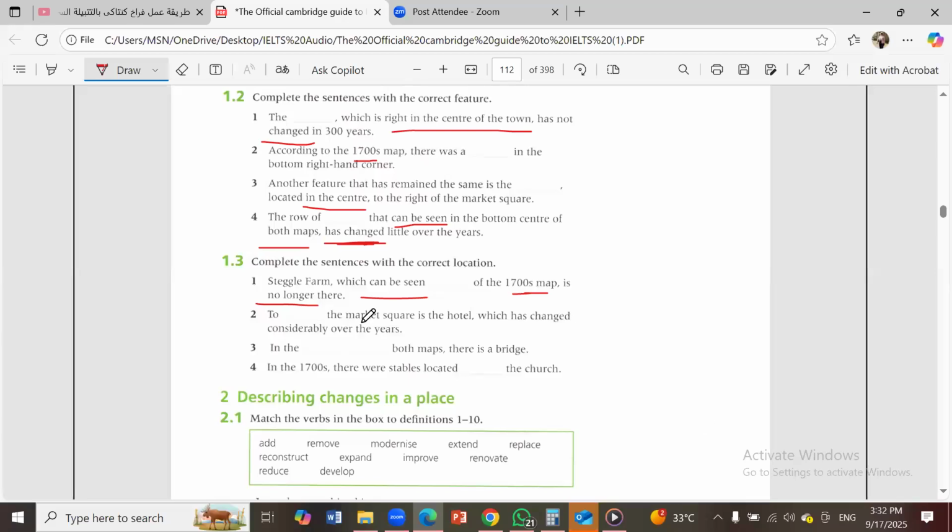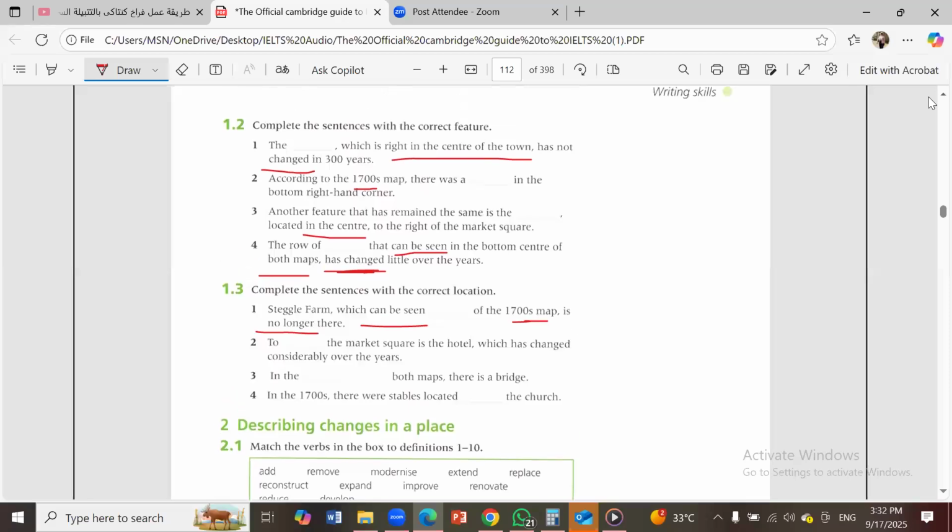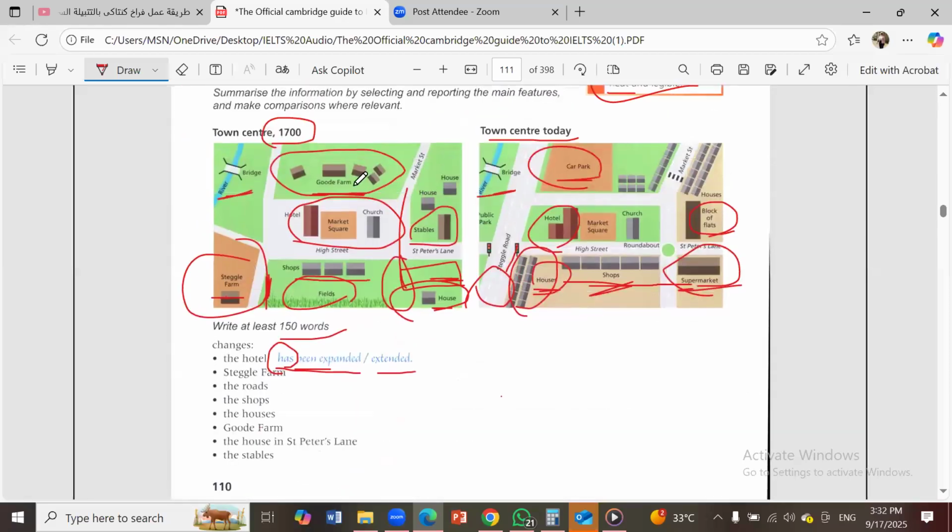To what? The market square is the hotel, which has changed considerably over the years. So to what the market square is the hotel? The market square and the hotel. To the left? Next to the right hand.